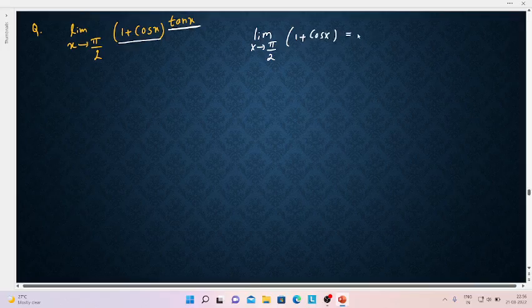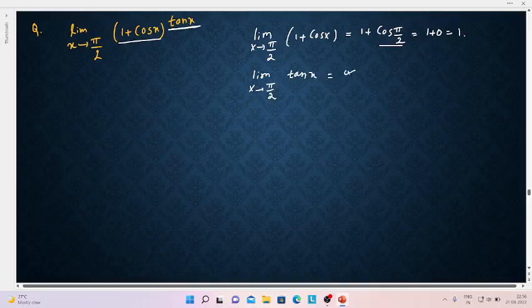It will be 1 plus cos pi by 2, and cos pi by 2 is 0, so it becomes 1 plus 0, which is 1. What about the limit of tan x as x tends to pi by 2? It is infinity. So it is of the form 1 to the power infinity.